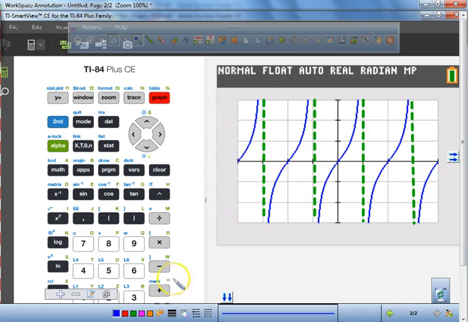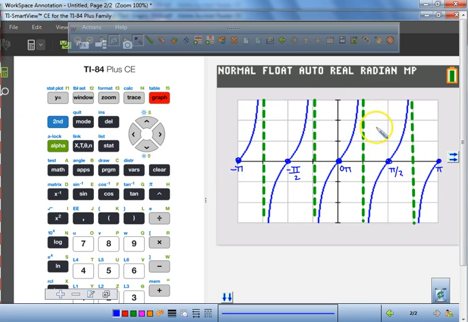And also, make sure you plot your zeros right here on the x-axis. So where are all your zeros located? They are located right here at 0, at pi over 2, and at pi. Over here at negative pi over 2, and at negative pi.